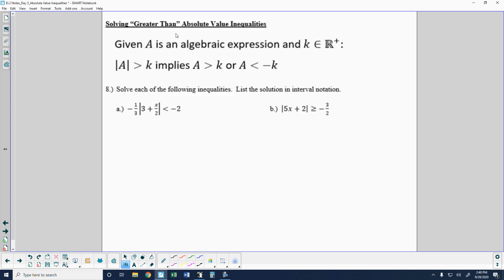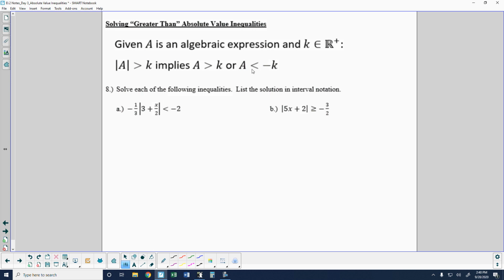So if we have the same setup now, but in this case the absolute value of a is greater than the constant k, that means a is greater than k, or a is less than negative k. So here we have a compound inequality where we split into two inequalities. Same concept as last time: I take the same representation with a and k, and then when I change to negative k, I'm going to switch my sign.